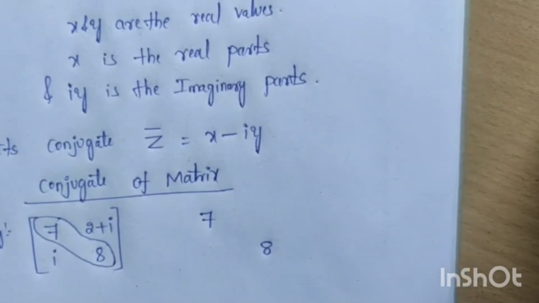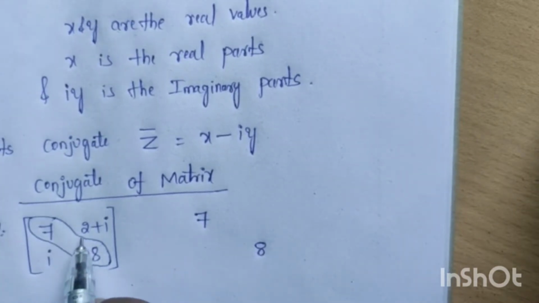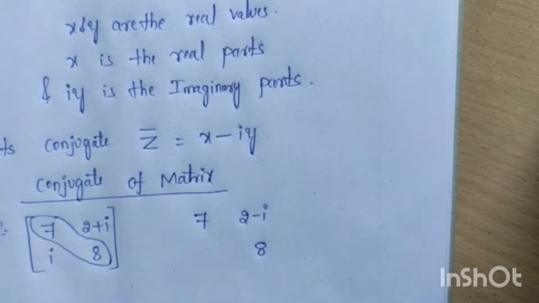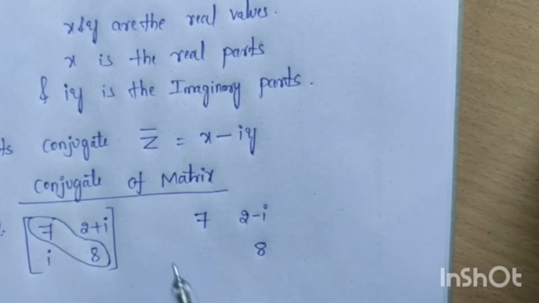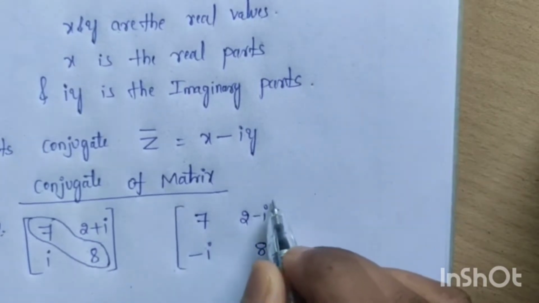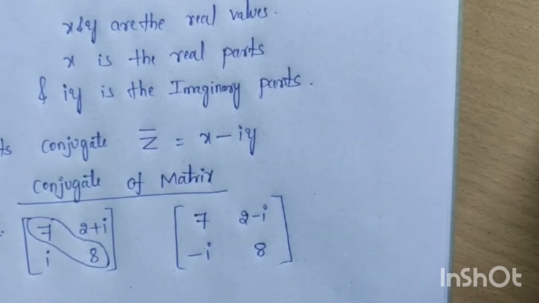Take 2 plus i, 2 minus i. It is only i, so take minus i. It is the conjugate of matrix A.